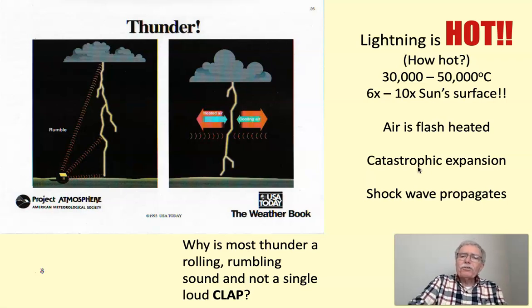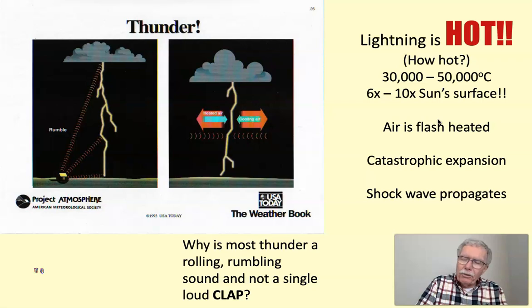But why then is thunder most often heard as a rolling and rumbling sound rather than a single clap of thunder? Well, that has to do with the difference between the speed of sound and the speed of light. If you look at the left-hand illustration, there's a little house on the surface, and the person in that house is seeing the lightning stroke all at once because light travels at 186,000 miles per second.